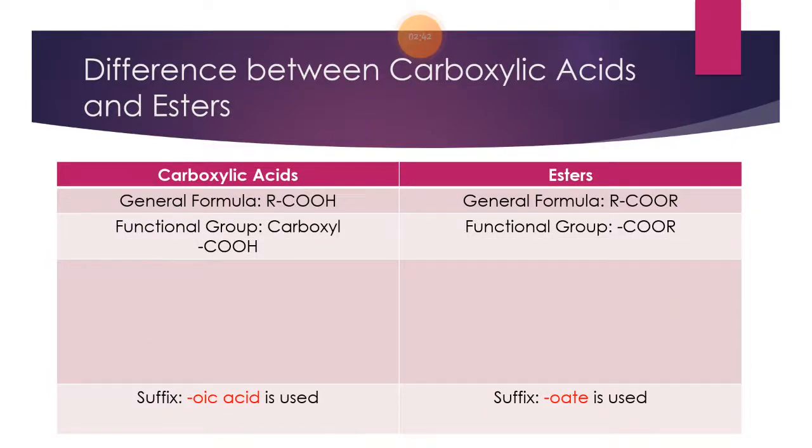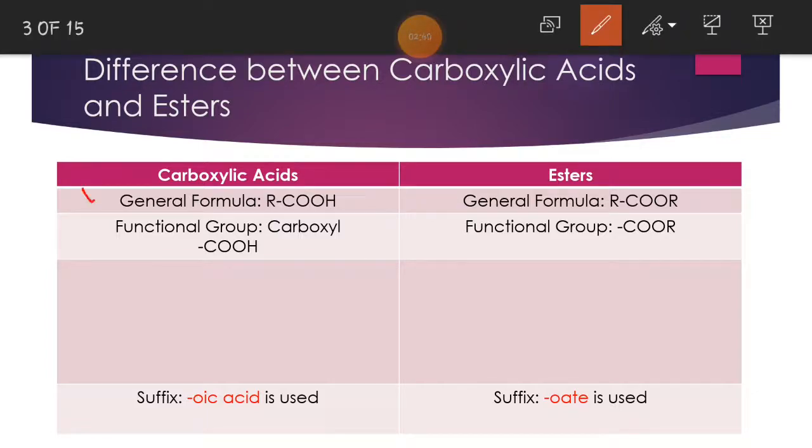Now let's discuss the differences between carboxylic acids and the esters. In the carboxylic acids, the general formula is RCOOH and the general formula of the ester is RCOOR. The difference in the general formula between these two classes of compounds is that here the carbonyl carbon is attached to an oxygen atom and that oxygen atom is attached further to a hydrogen atom.